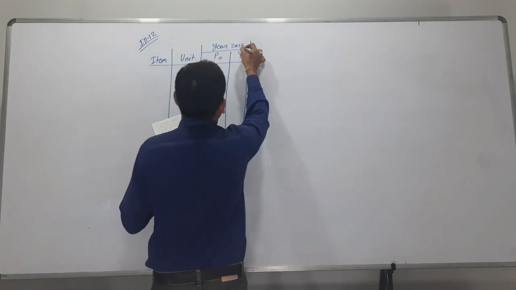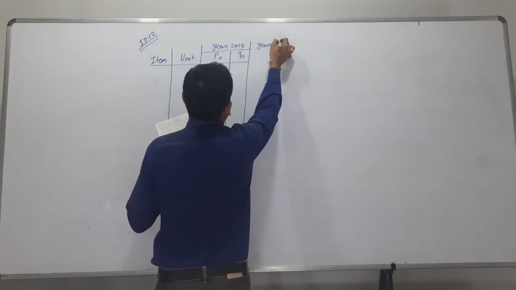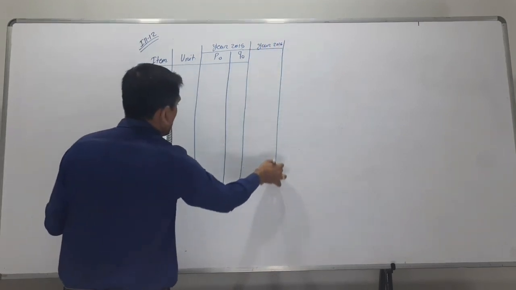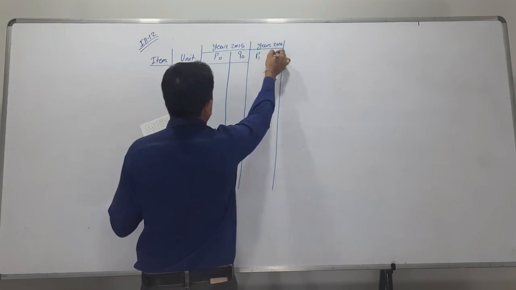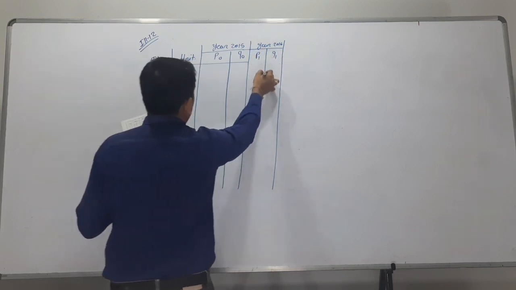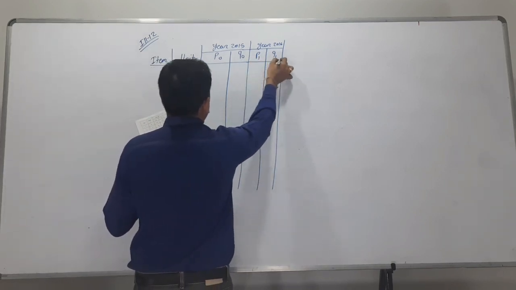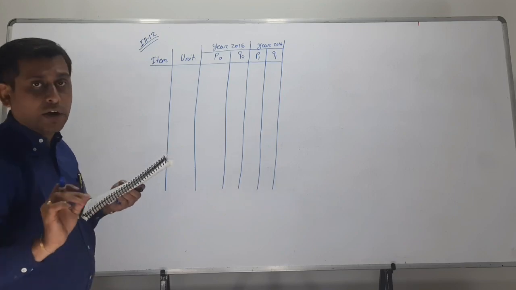Then year 2016, P1 and Q1, price of current year as well as price of base year.